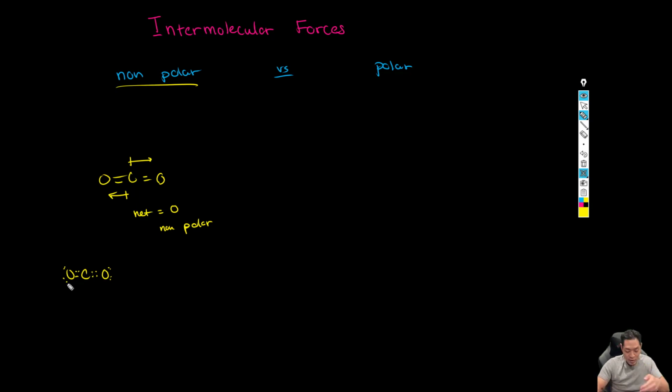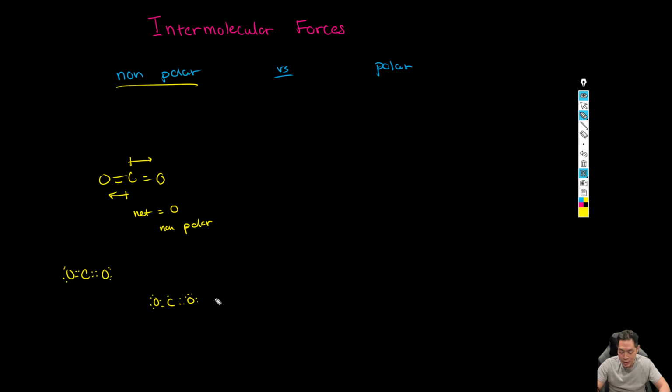But it could happen, even though they're pulling equally and the net is non-polar, what could happen is maybe, whoop, I should have done dots. Maybe this electron was shaded more that way. And because of that, now this electron might shade itself closer to carbon.